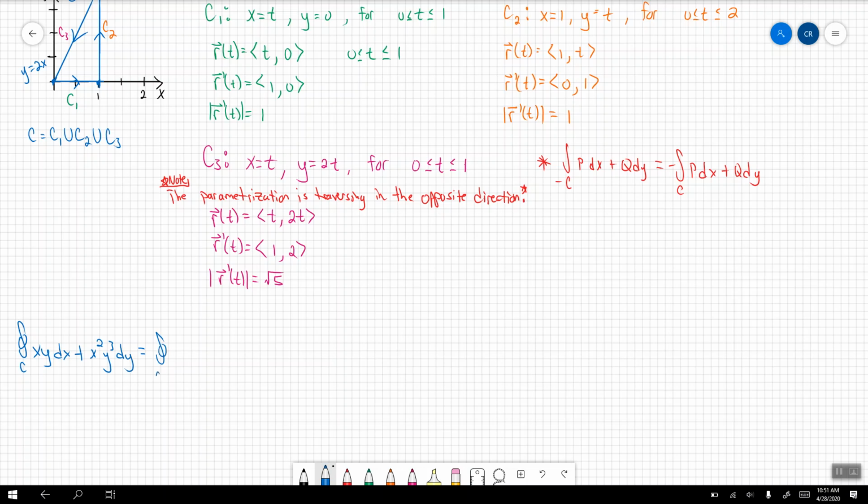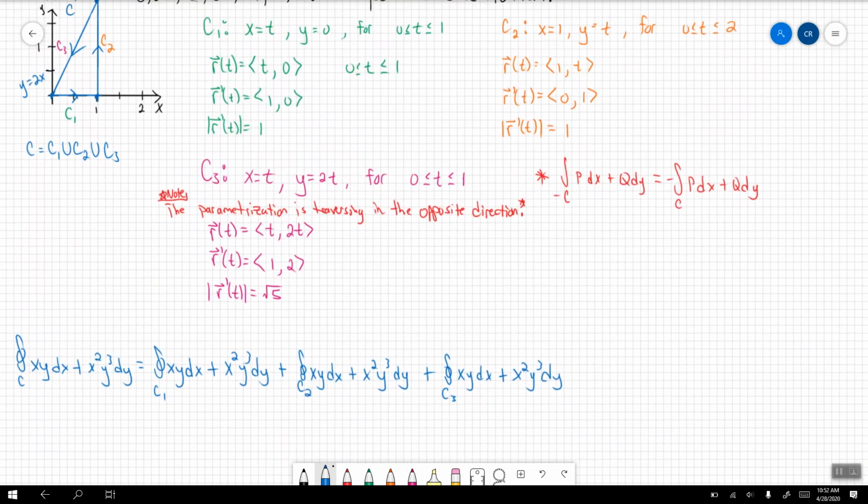So it's going to be along curve number 1, xy dx plus x squared y cubed dy, plus along curve number 2, plus along curve number 3, like such.